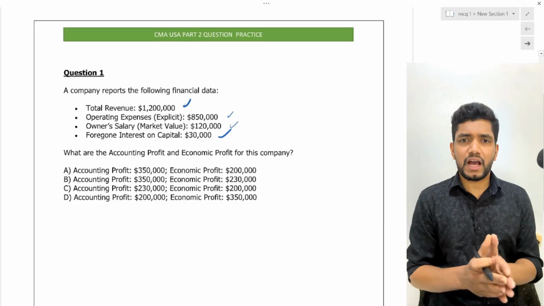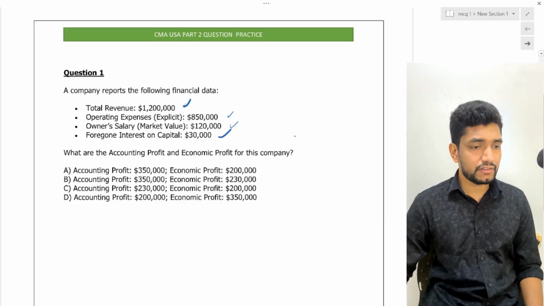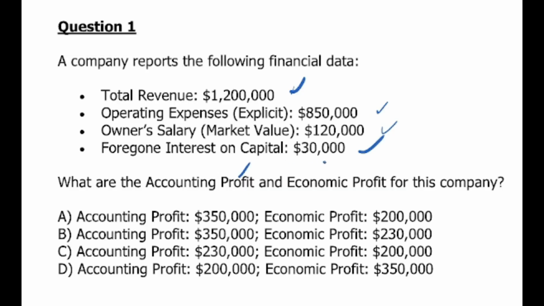Here we are asked for accounting profit and economic profit. We already discussed accounting profit and economic profit in the previous discussion, so let's calculate them. The accounting profit is 1.2 million minus 850,000, that is 350,000.